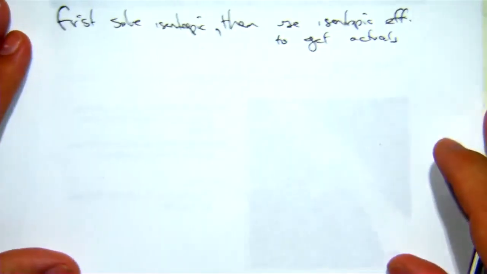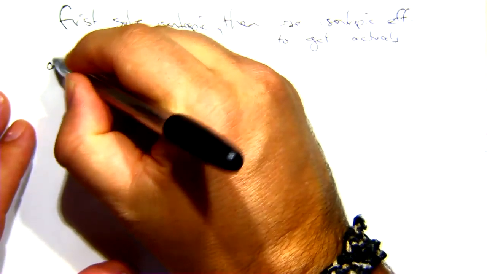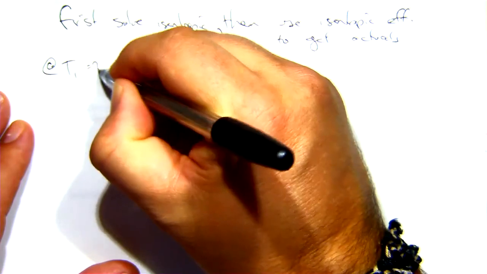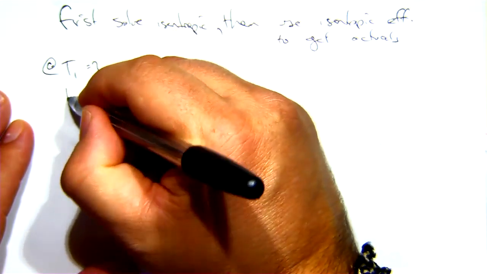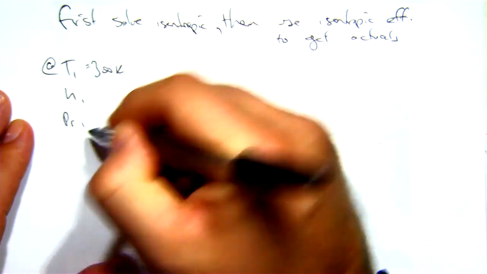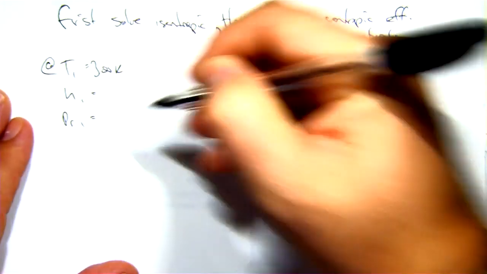And the first time you see the maths, you go, oh, that's where I use this, that's where I use that. Later on it becomes more familiar. So at T1 equals 300 Kelvin, H1 and PR1. Why do I need these guys? So why am I not reaching for CP delta T?